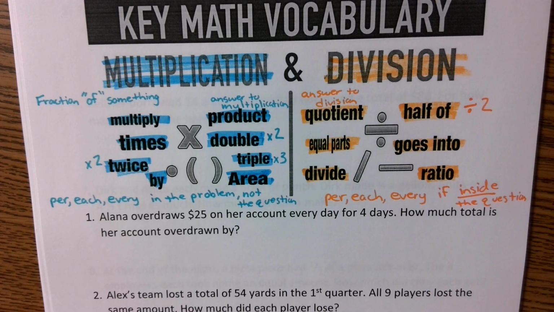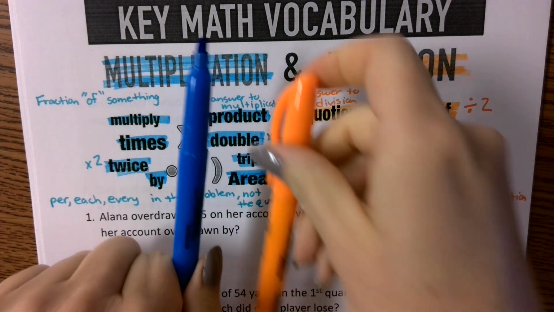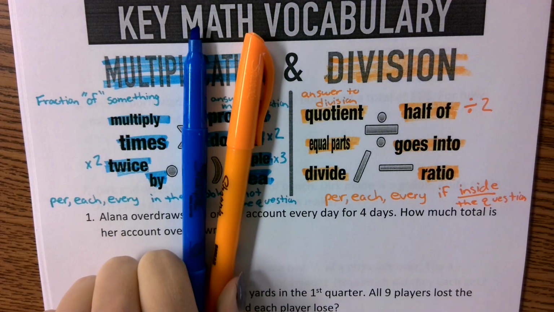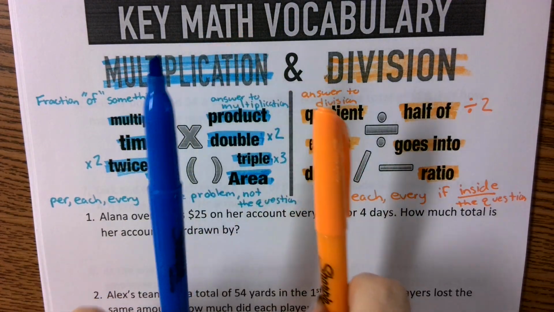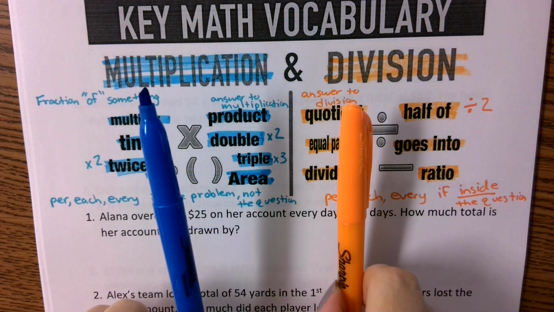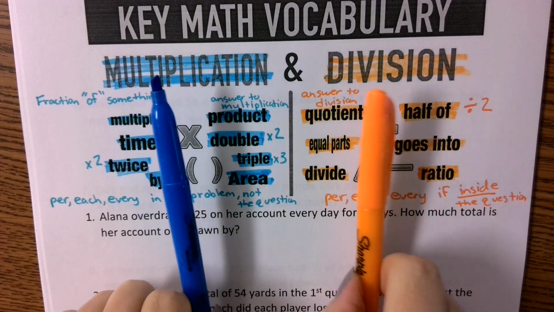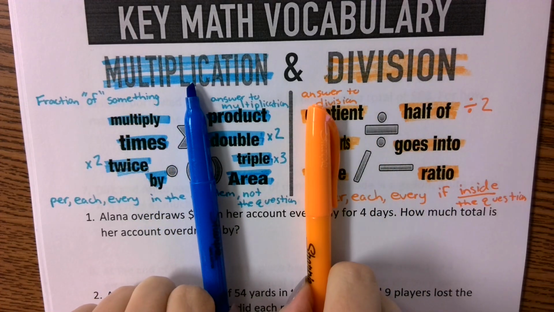All right, so what we're going to do right now, and you can do this with your group, is you are going to highlight things very carefully. You're going to need blue and orange to highlight key words or phrases that are indicating multiplication or division inside the problem.